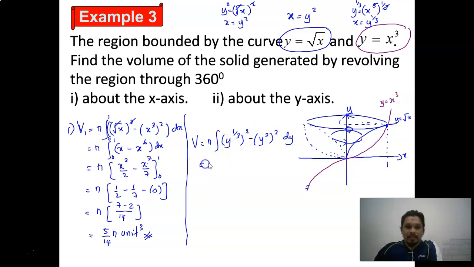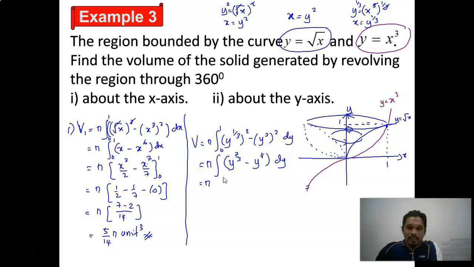Then integrate this from 0 until 1: y to the power of 1 over 3 times 2, which is 2 over 3, minus y to the power of 4, dy.